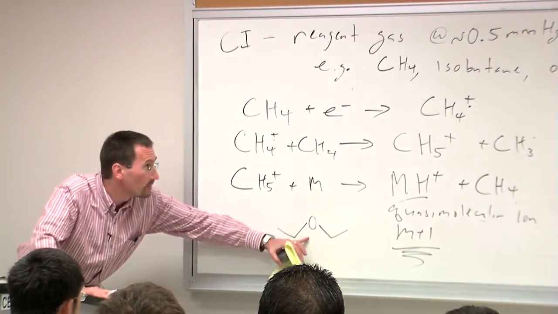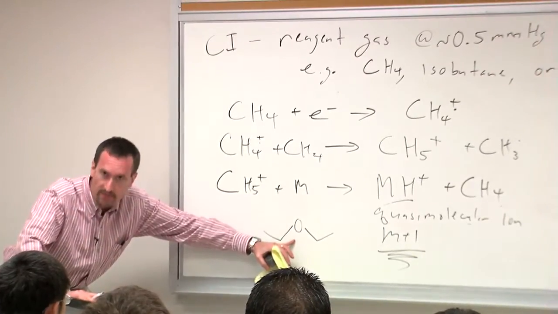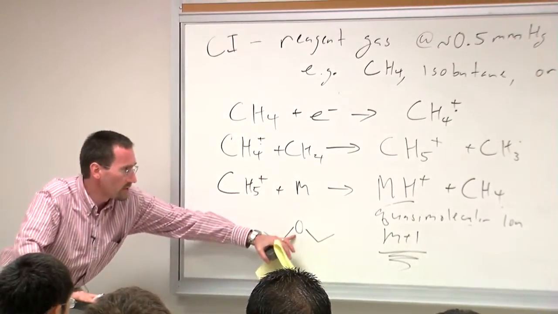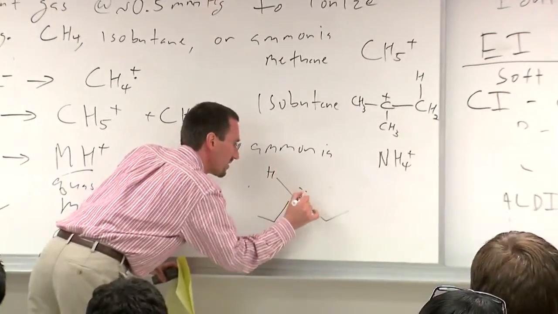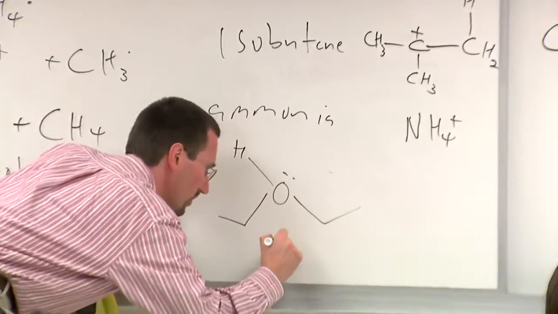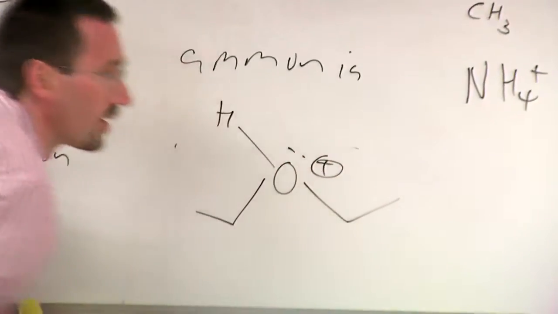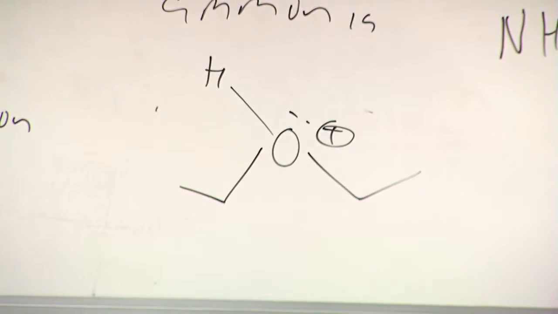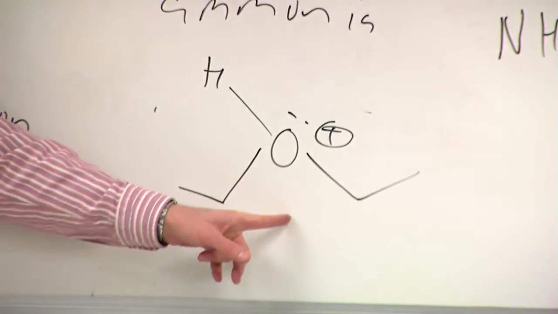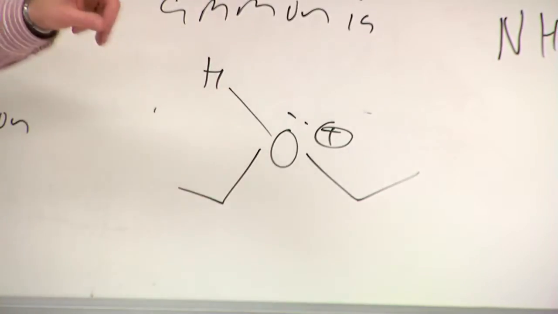No, wait, not something at 74, but rather something at 75 for the protonated ether. Right. So that's for methane. So you see that when you have methane, you see that M+1. You see the M+1.